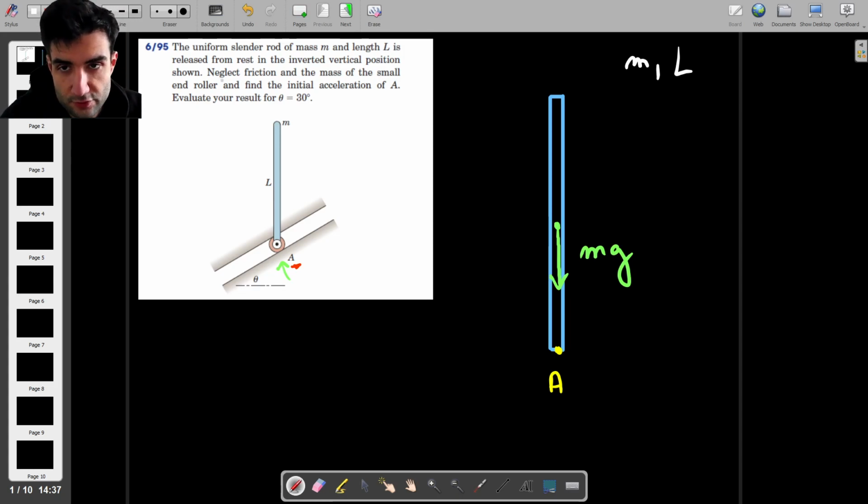Now we neglect friction, which means there's no tangential force going this way or that way or anything like that. So the only force which is acting on point A is going to be something like this, right? So the orientation of this force is perpendicular to the channel, right?